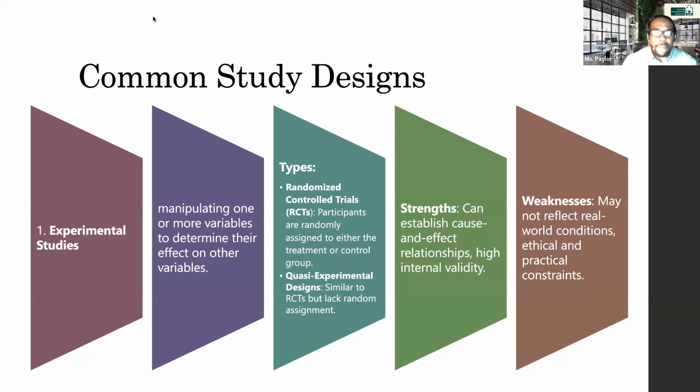So randomized control trials are everywhere, and they do take a lot of time. So that is one of their weaknesses. Another big weakness is that it might not be representative of the total population because the people who are part of the study have to volunteer for that study.